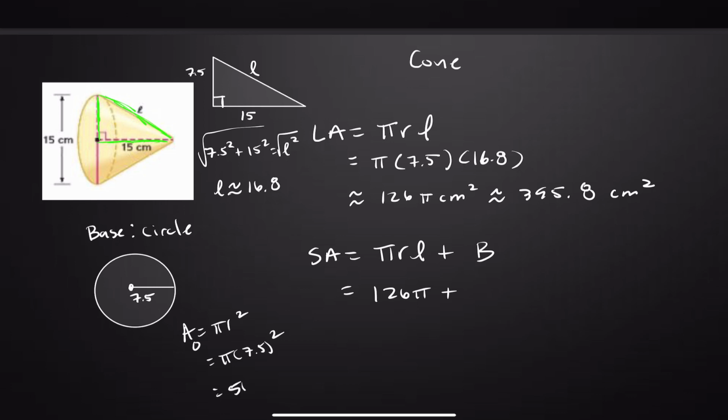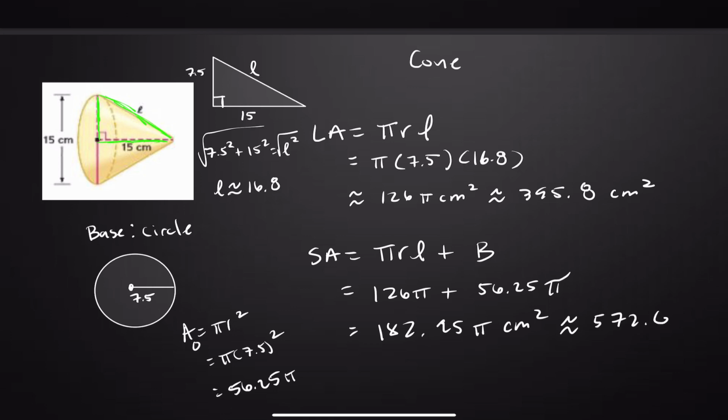You get 56.25 pi. And you're combining like terms here, so it's going to be 182.25 pi square centimeters, which is approximately, if you're going to multiply that by pi, 572.6 centimeters squared.